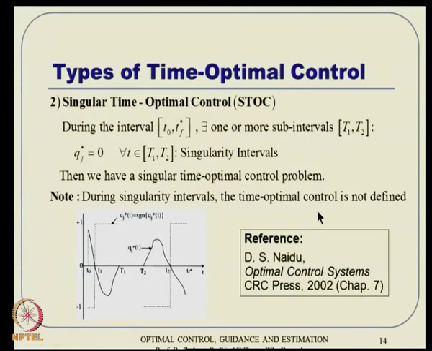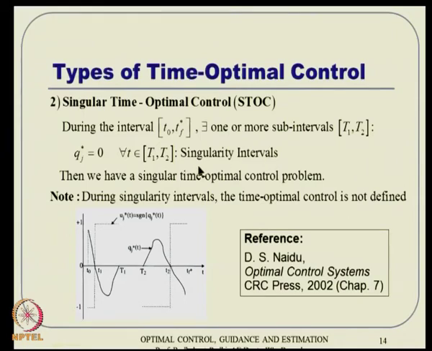Alright, now if that doesn't happen, in other words qj not only remains positive or changes sign at a finite point of time, that is, it changes sign at a discrete point here and a discrete point here, but it also remains 0 for a finite interval of time, t1 to t2, then that is called a singularity interval, and the resulting control is called singular control.